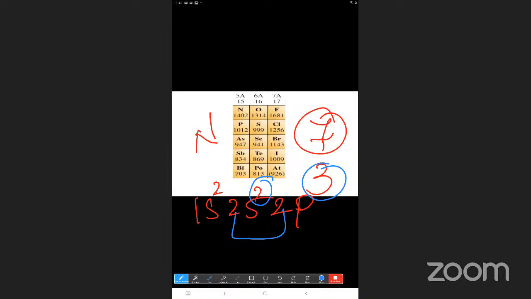So to be stable with 8 electrons in the valency shell, it needs 3 more electrons. So what will happen here? This element will take 3 electrons from the other element. So when it takes 3 electrons from the other element, it is stable with 8 electrons in the valency shell.